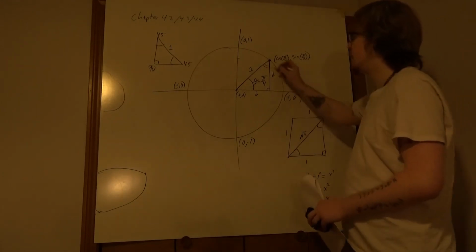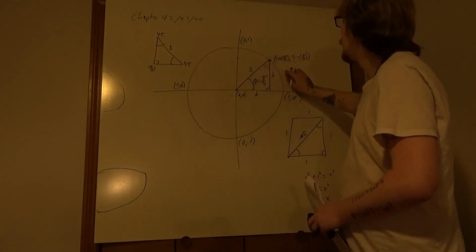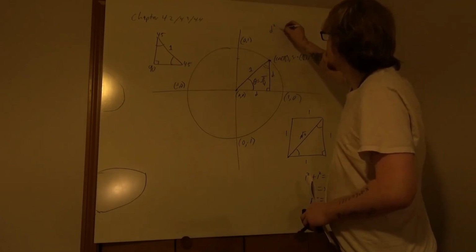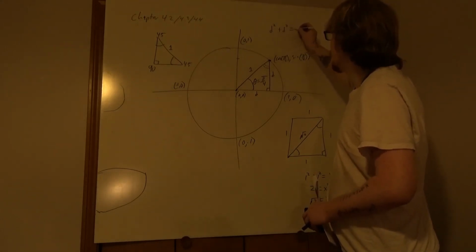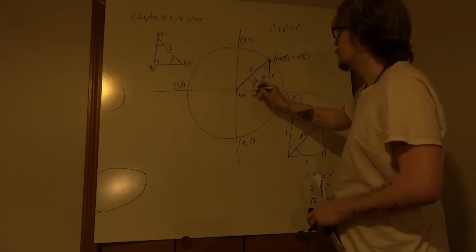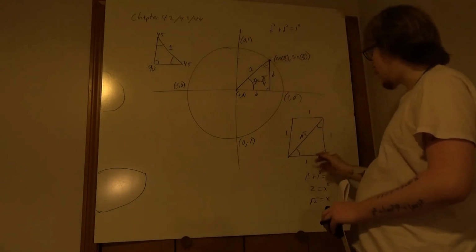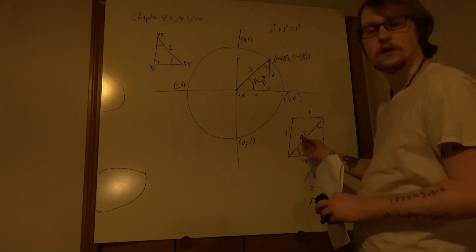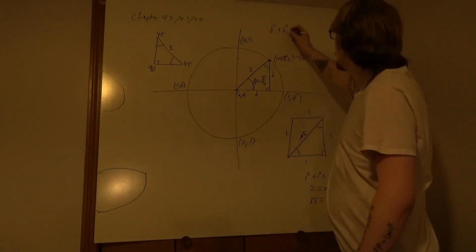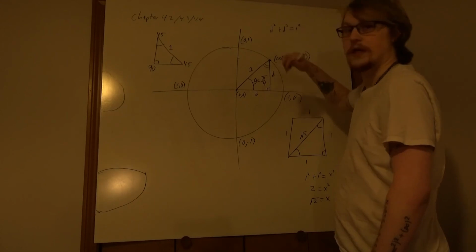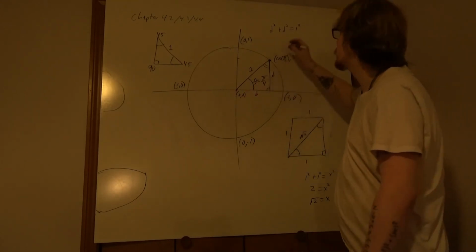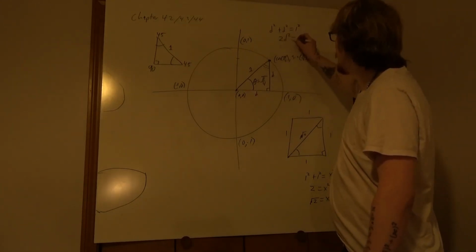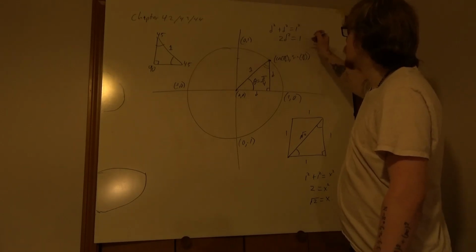And so by the Pythagorean theorem here, we have d squared plus d squared equals 1 squared, right? And by our intuition gained from looking at the square and figuring out the diagonal, we can do the same thing here. d squared plus d squared, well, that's just 2 d squareds. So this is 2d squared equals, and 1 squared is just 1.